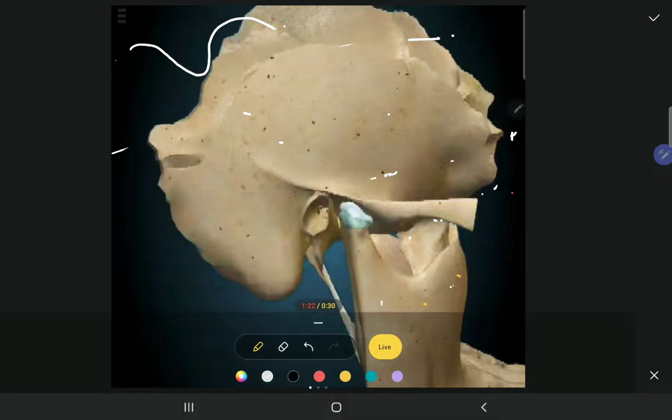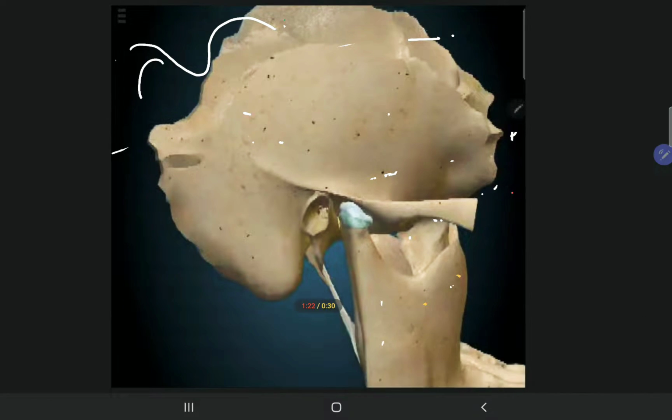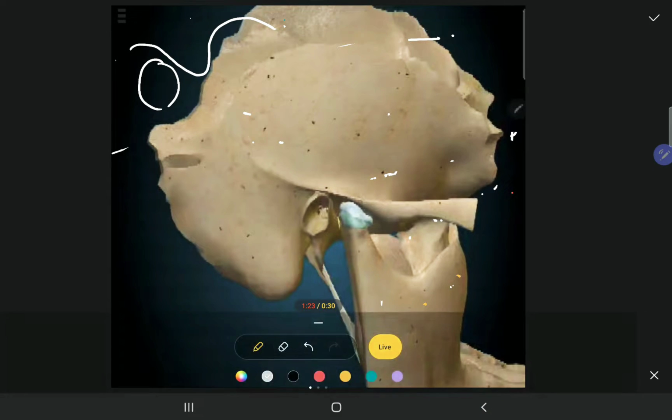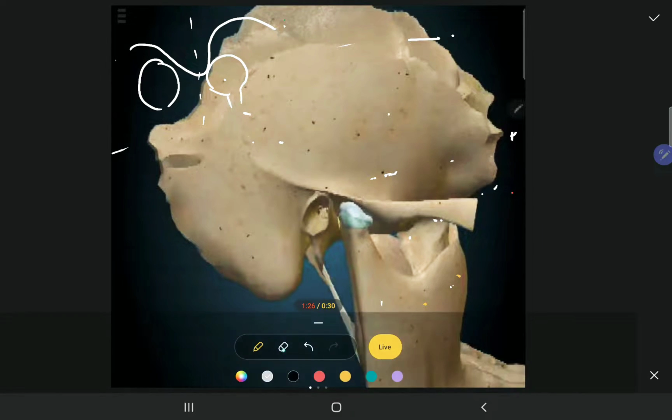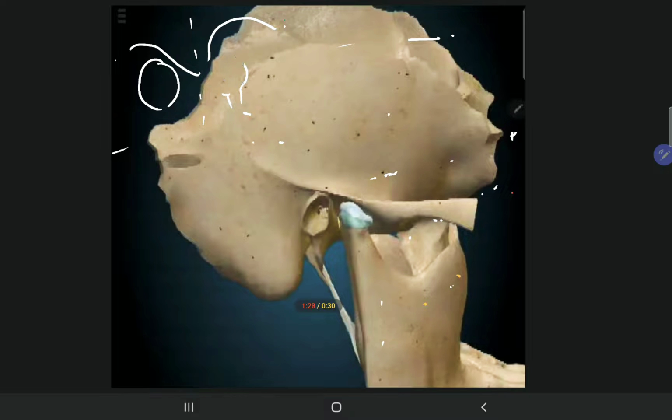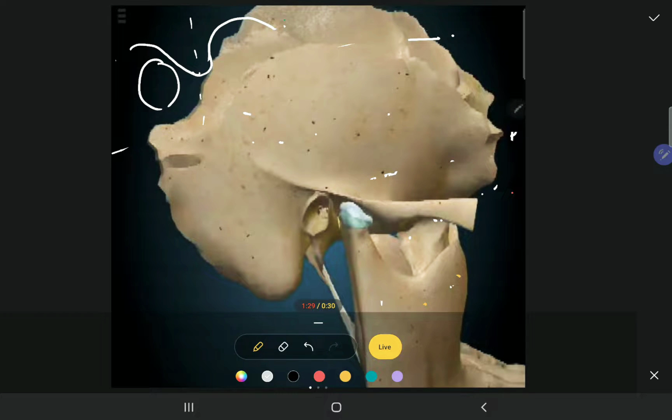What happens if it is stuck beyond the articular eminence? Normally the condyle slopes against the posterior slope of the articular eminence, but in case it gets dislocated, then what do you see? It has gone beyond the articular eminence and it cannot come back.